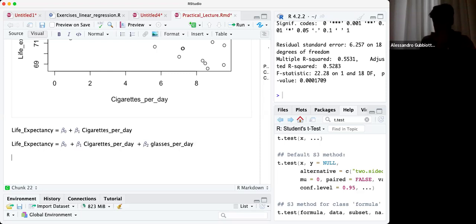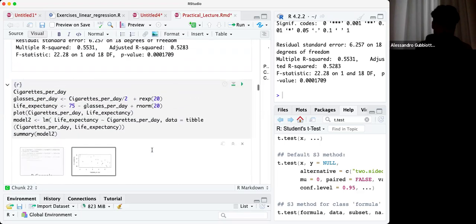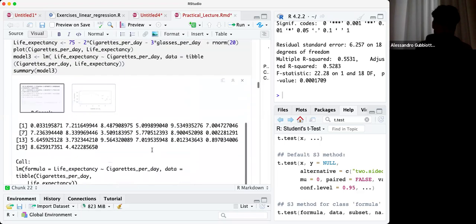Now, the idea is that if it is due to these glasses, then if we add this variable, beta 2 will be different from 0. But beta 1 will be not significantly different from 0, if the second explanation is true.